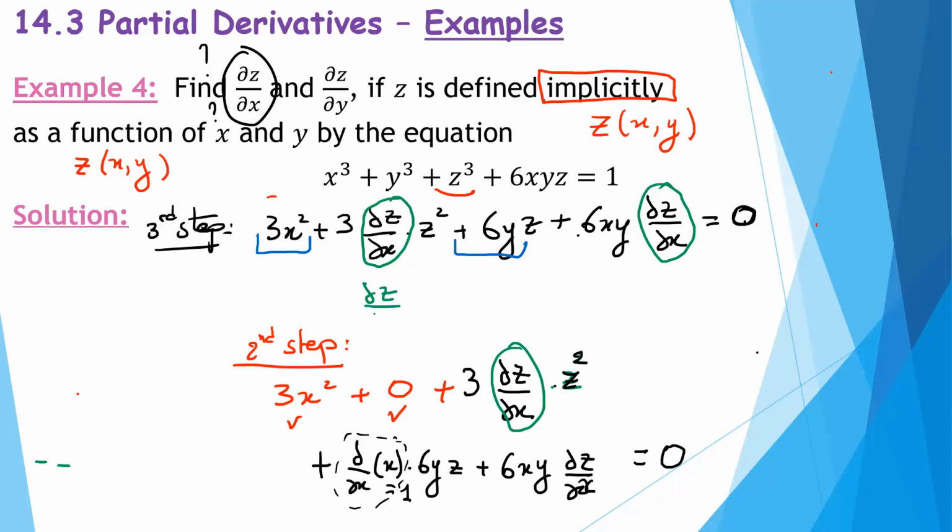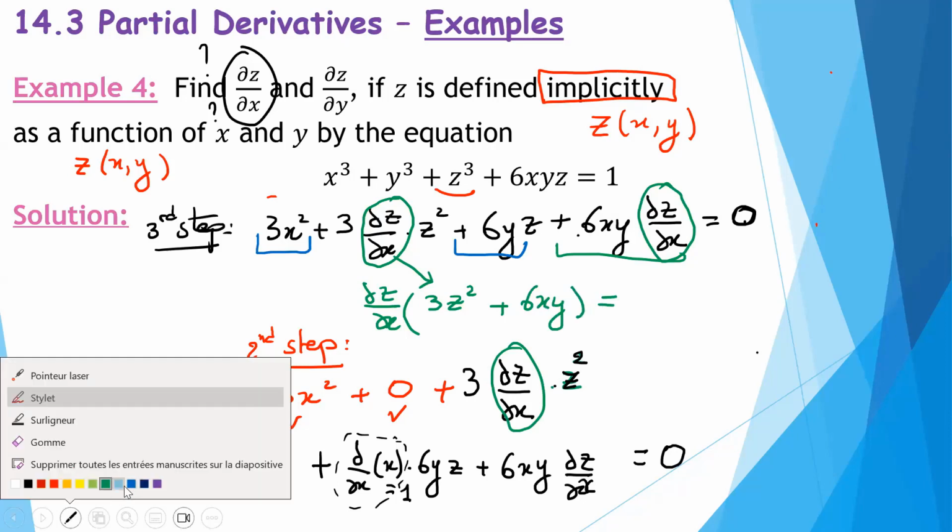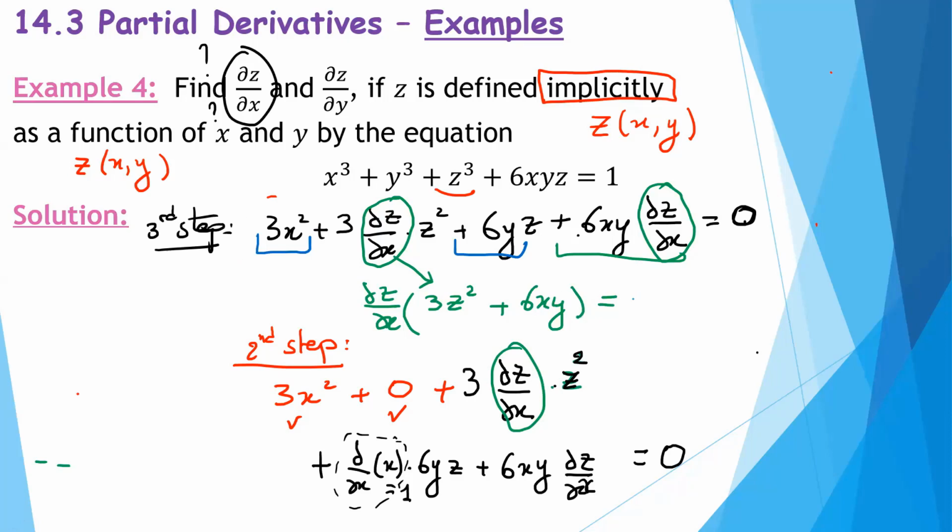Where is dz/dx? It's here, so what remains is 3z square, and here what remains is 6xy, equals, and all the rest I move to the other side, giving minus 3x square minus 6yz, and I'm done.